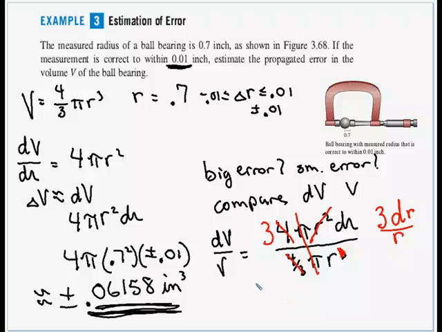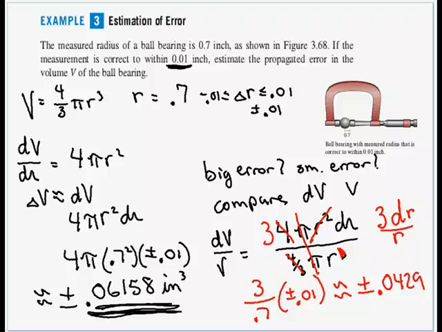Well, the numerator is 3. The r was 0.7, and the dr was our 0.01, plus or minus, the amount of error we might have. And if we plug that in the calculator, we get approximately plus or minus 0.0429 as a decimal.